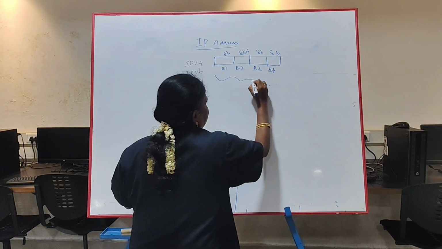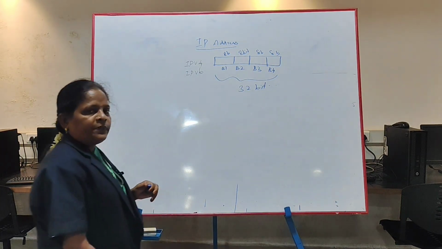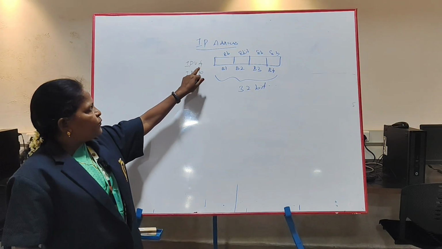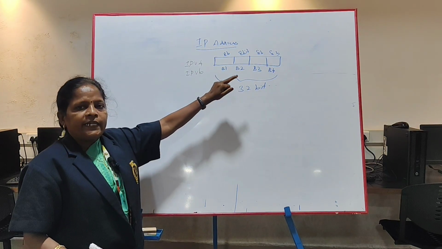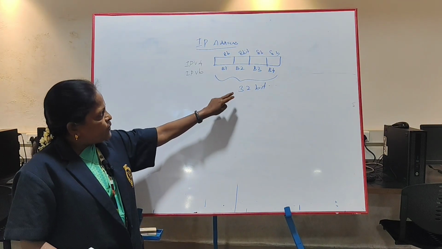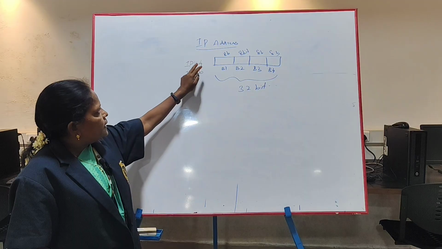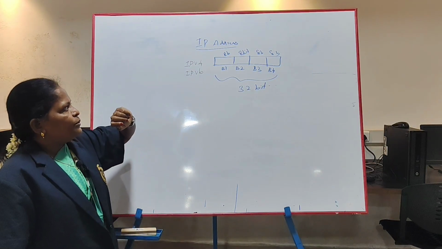Totally we have a 32-bit address, because 4 bytes, 4 into 8 equals 32-bit address. Using this 32-bit address only, we store all the data while using IP version 4, right?